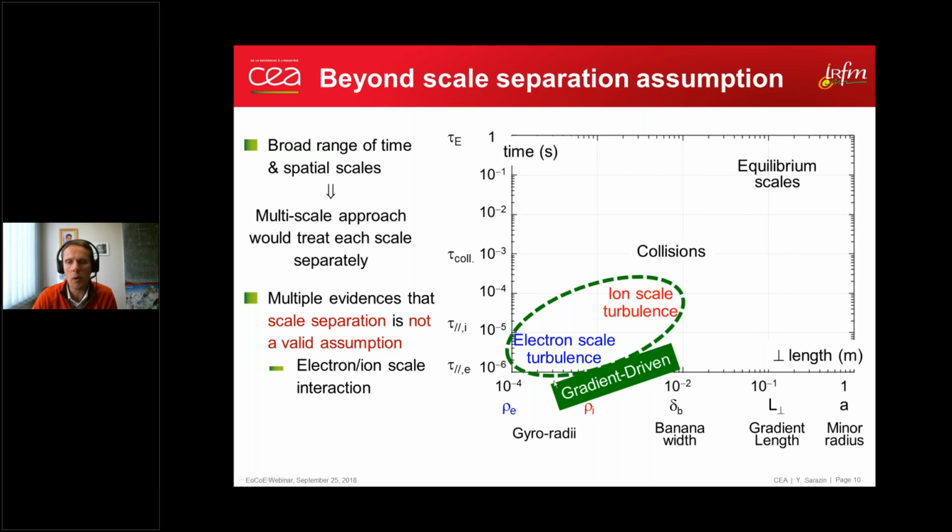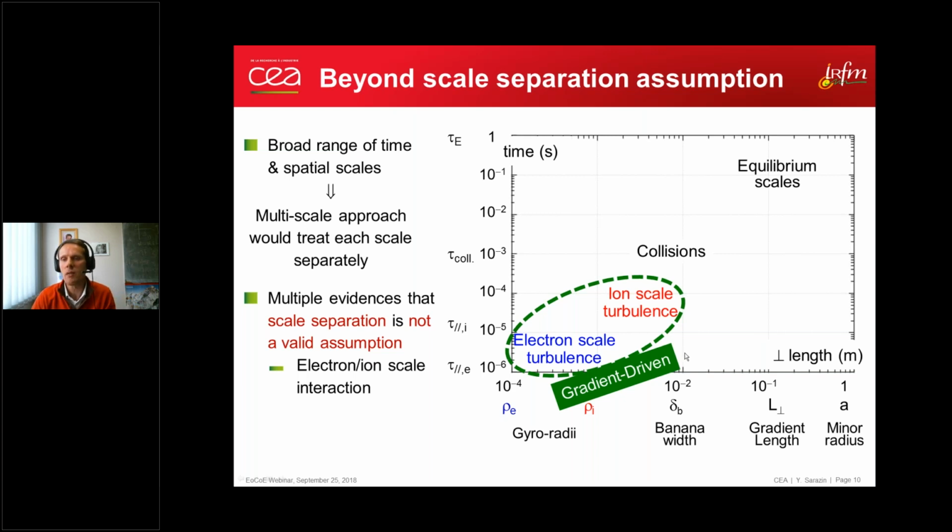And this approach, as we will see, is performed within a framework called gradient-driven turbulence, in the sense that within this approach we freeze the equilibrium scale. The equilibrium scale is prescribed, not evolving in time, and we only look into the dynamics of the fluctuations at the ion and electron scales at this prescribed equilibrium gradient.